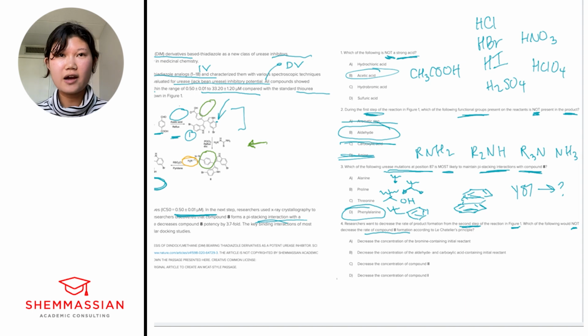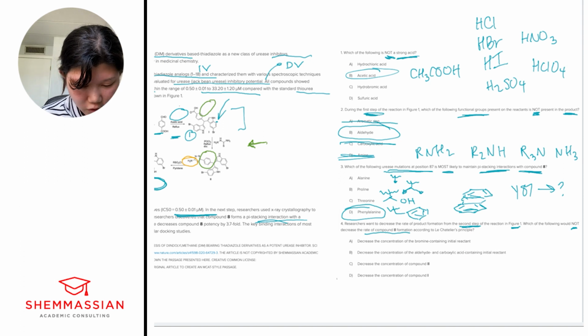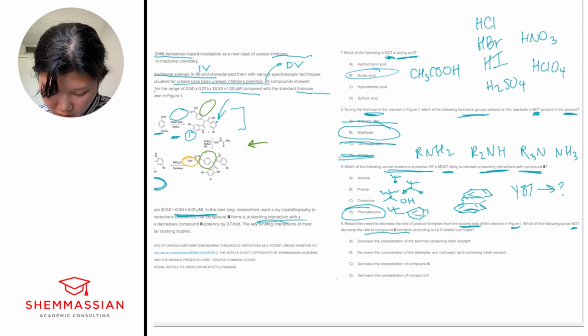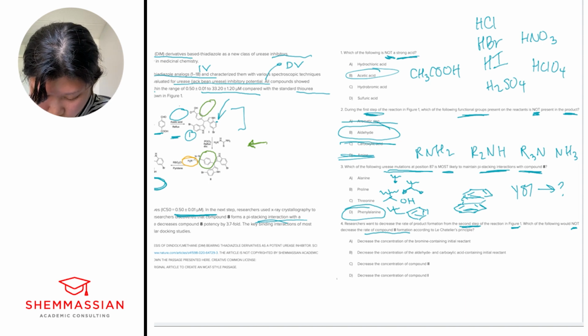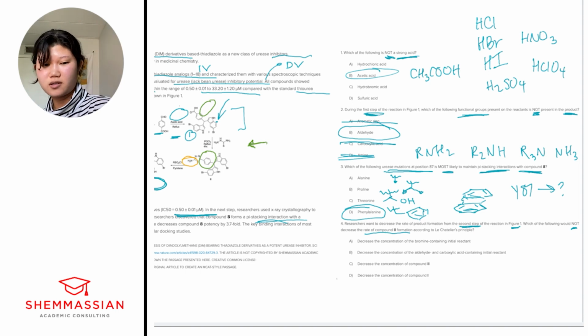So looking at answer choice A, it says to decrease the concentration of the bromine containing initial reactant. All right, so before that, let's go to figure 1, step 2. The bromine containing initial reactant is actually in step 1. So if you decrease it here, that's where the initial stress is.